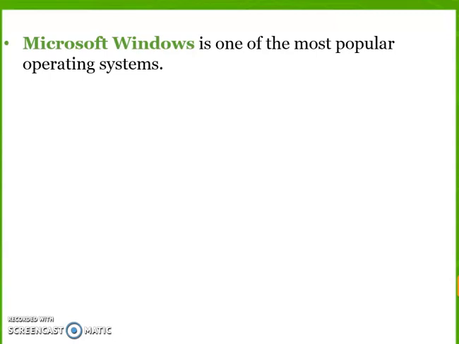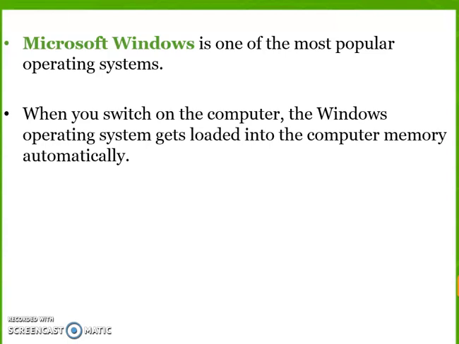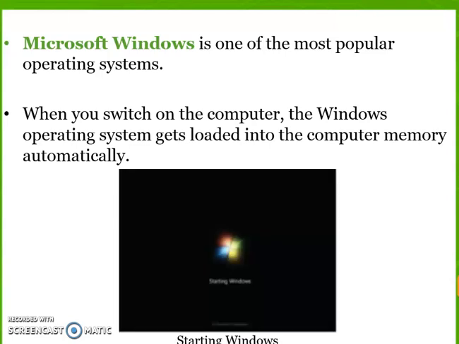Then Microsoft Windows, which is the most popular operating system. It starts from when you start your computer till you shut down your computer. It works all the time. Firstly, when you switch on your computer, it gets loaded into the computer memory automatically.